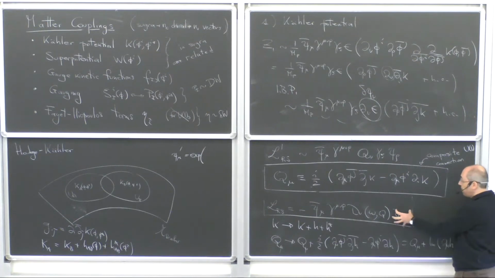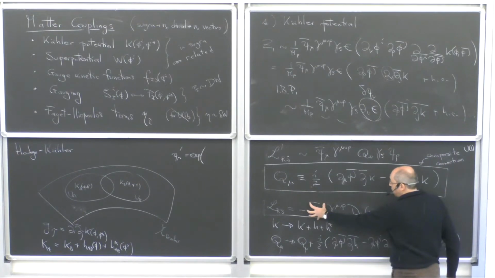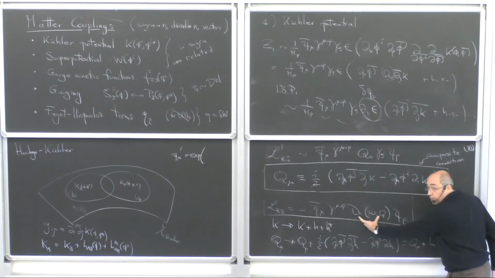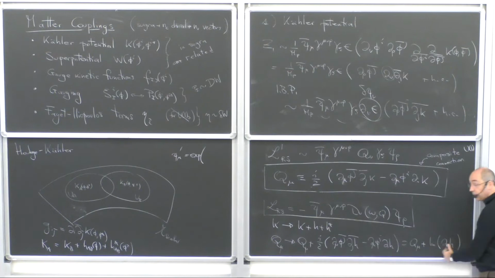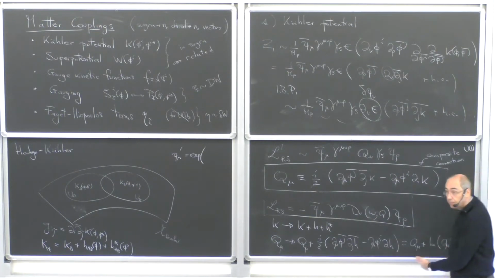Okay, psi transforms with a phase, psi bar transforms with the opposite phase. Of course, you have the problem of the derivative, but this is cured by the connection. Okay, the usual thing.